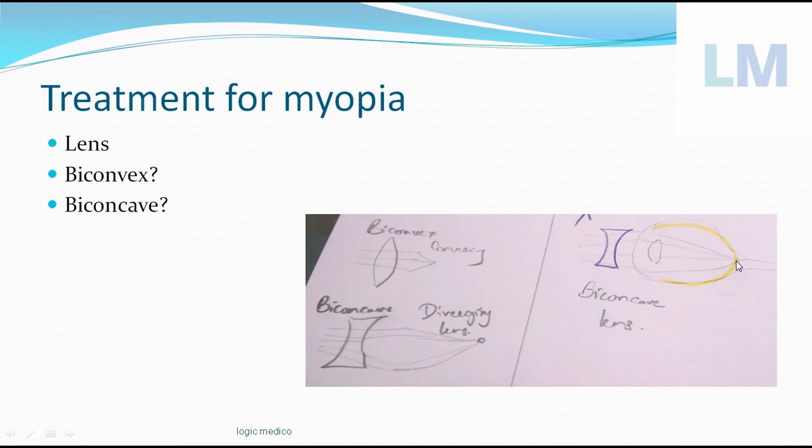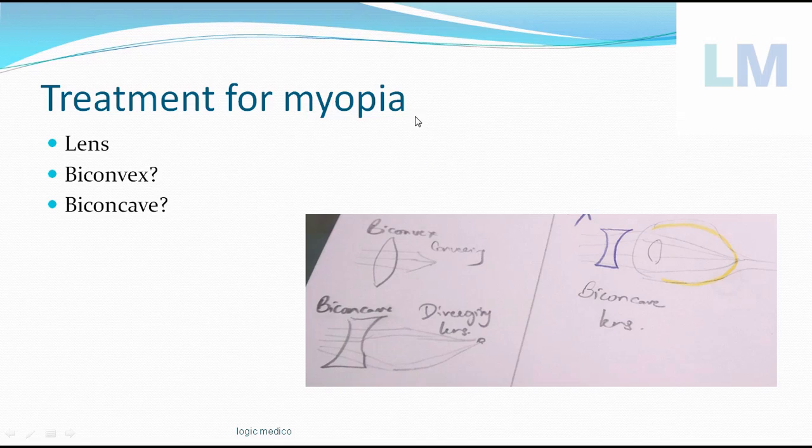So therefore we have to prescribe biconcave lens for a person who has myopia. Biconcave lens will diverge the rays of light initially. So when it enters the eyeball, we already have a biconvex lens, which will converge the rays of light onto the retina. That is the logic behind prescribing biconcave lens for a myopic patient.